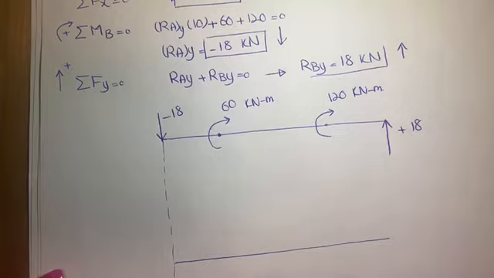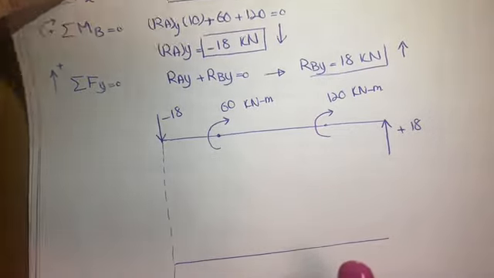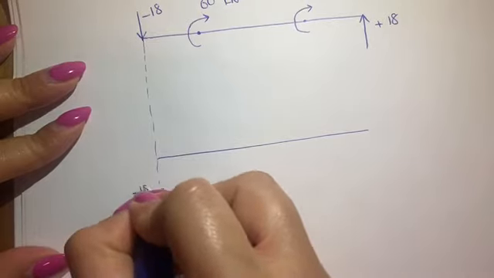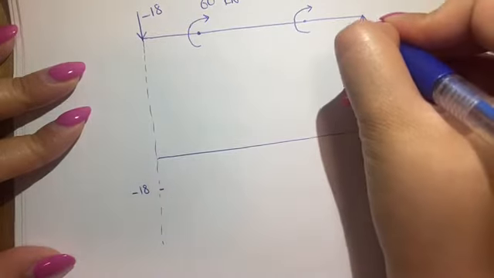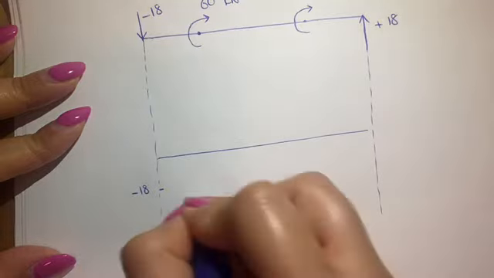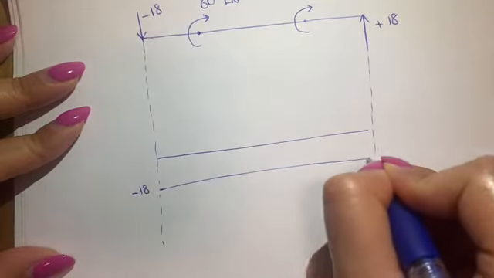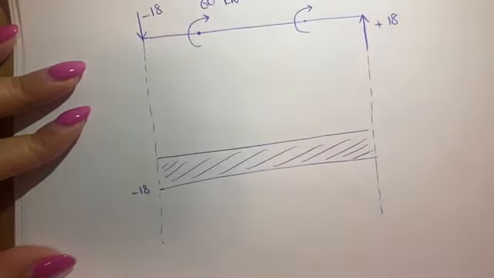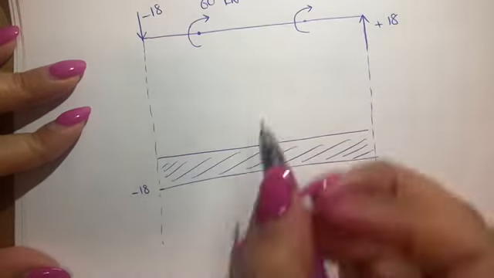is uniform and equals minus 18 kilonewtons. And it is negative.